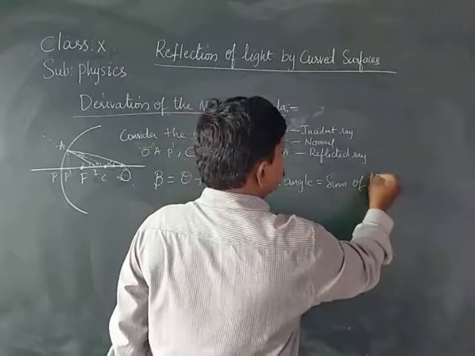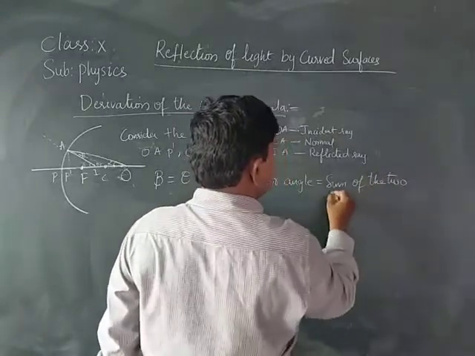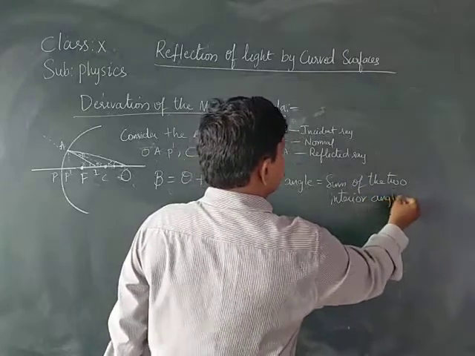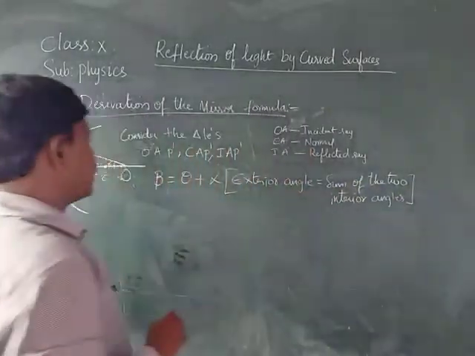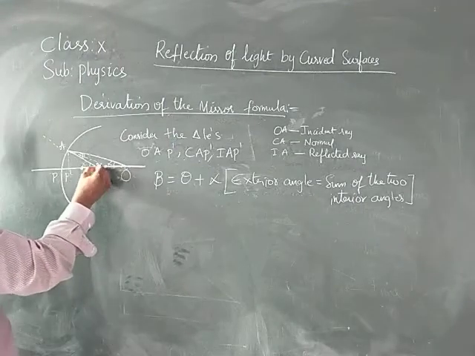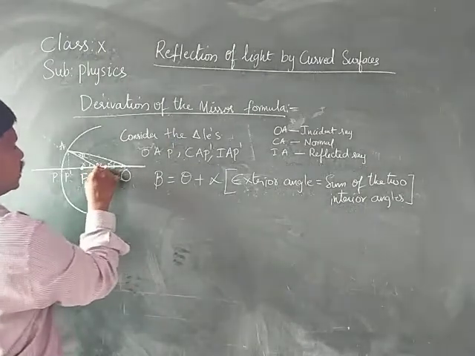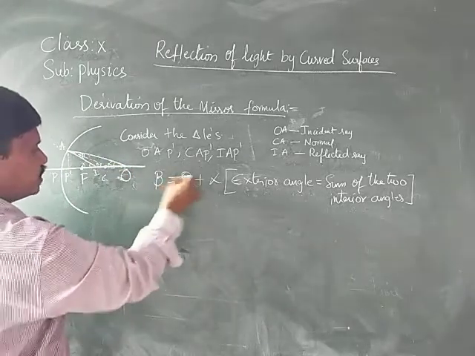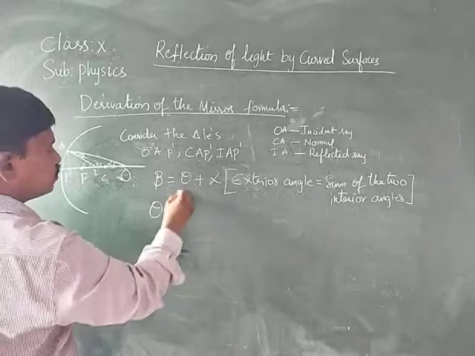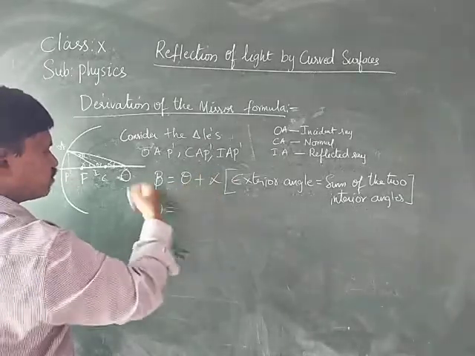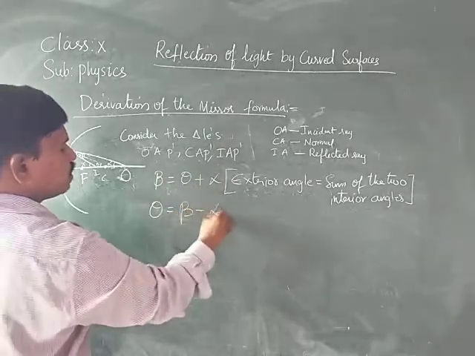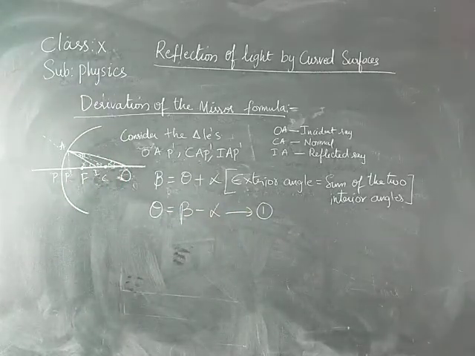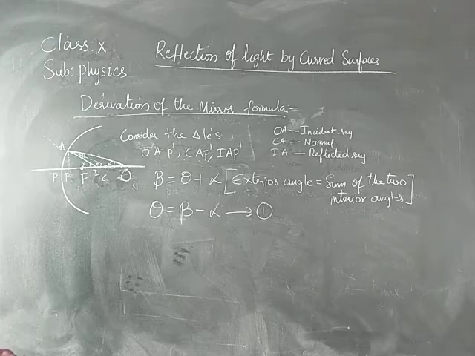Here beta is the exterior angle, and theta plus alpha are the interior angles. From this, theta is equal to beta minus alpha. Let us take this as the first equation: theta is equal to beta minus alpha.